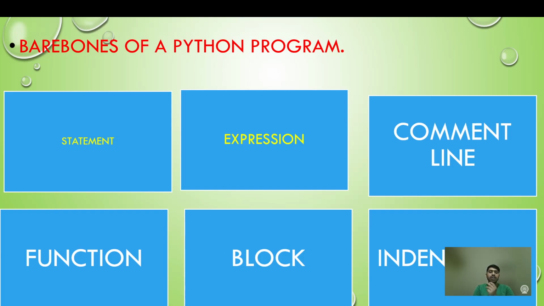Then function. We have the function part in one chapter: how to define a function and what the different types of function are. The def keyword is used to define a function, and we can pass parameters through it. Whenever we call the function, we have arguments. So what is a parameter, and what is an argument? The value defined in the function header is called a parameter.